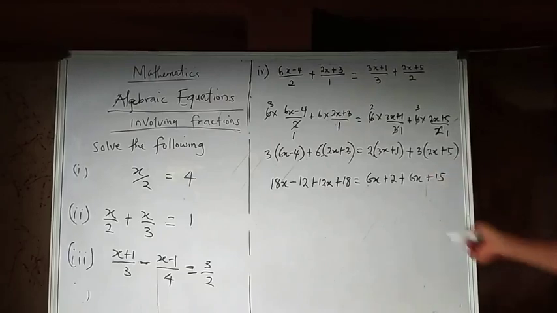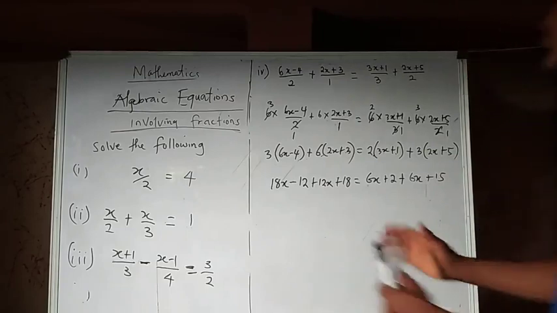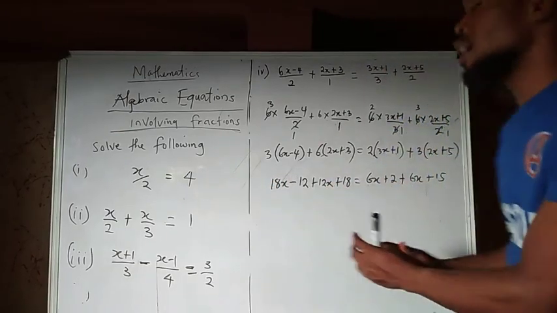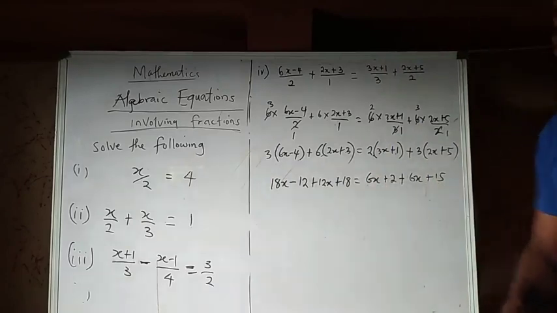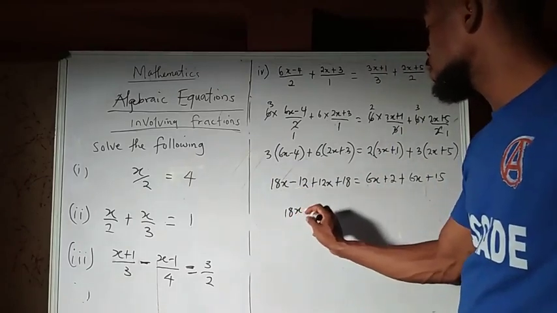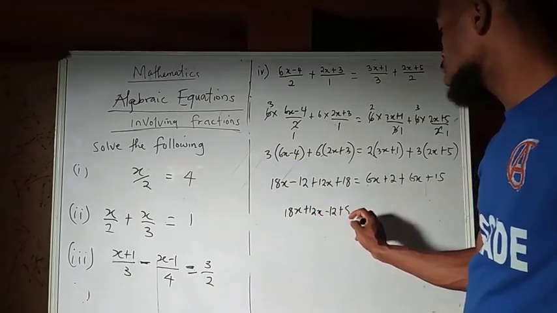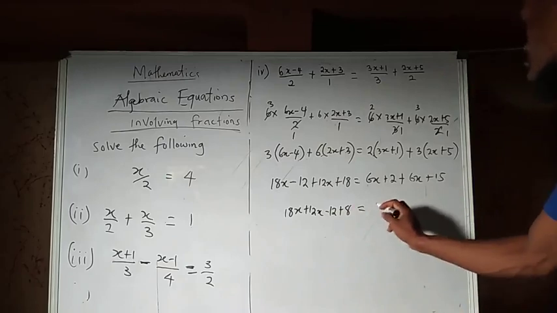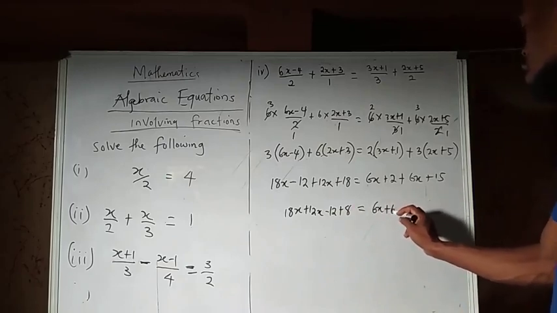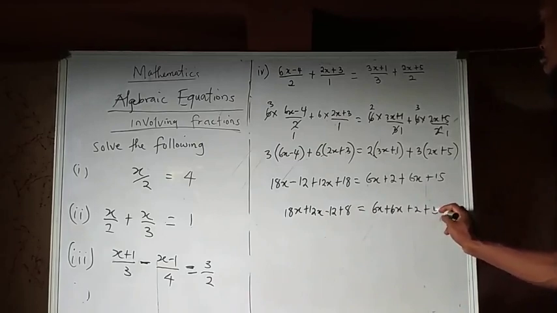Alright, with this, I'll first simplify the left hand side and then the right hand side. So I'm going to get 18x plus 12x, minus 12 plus 18, equals 6x plus 6x, plus 2 plus 15.